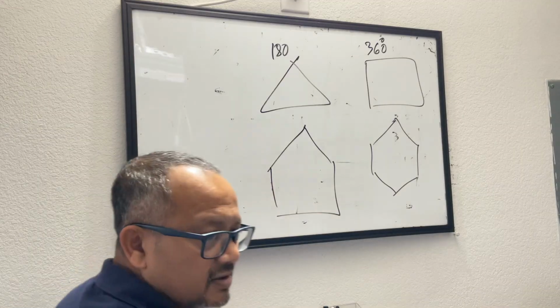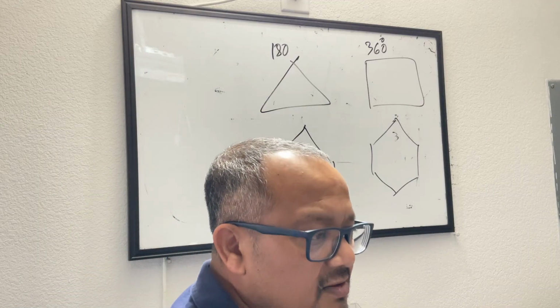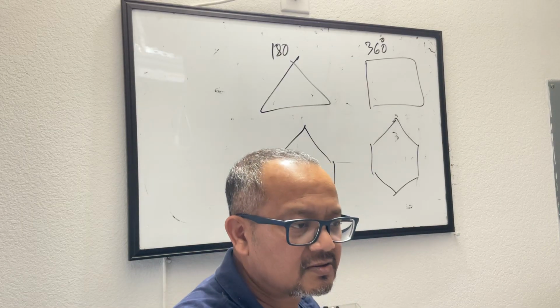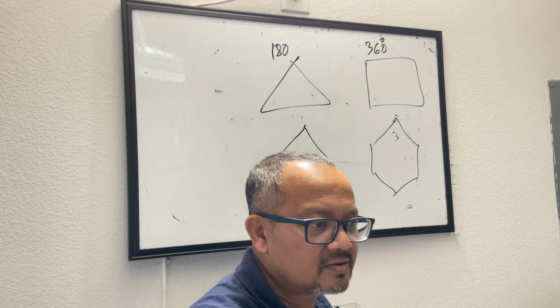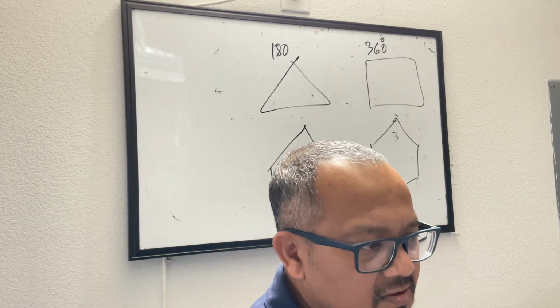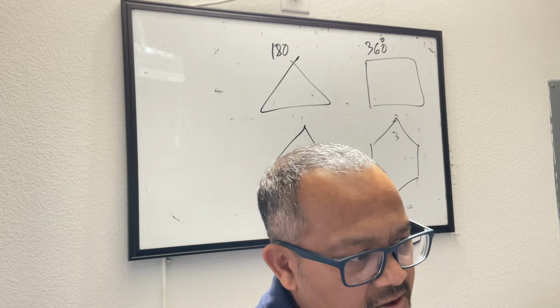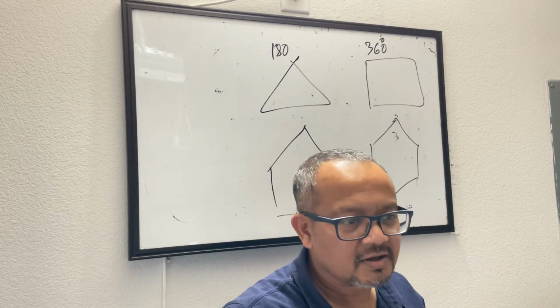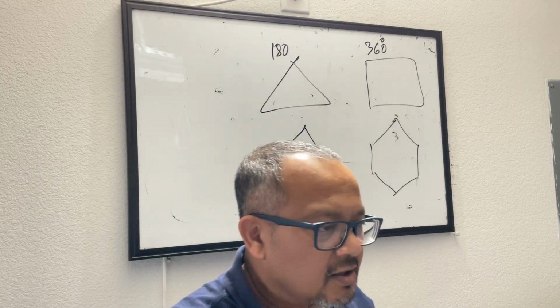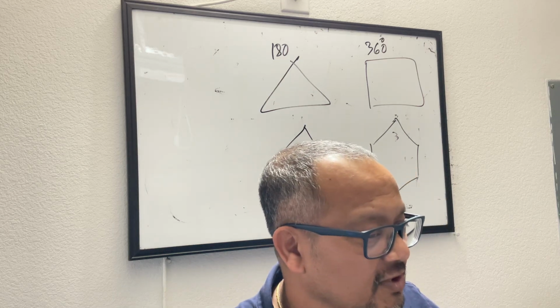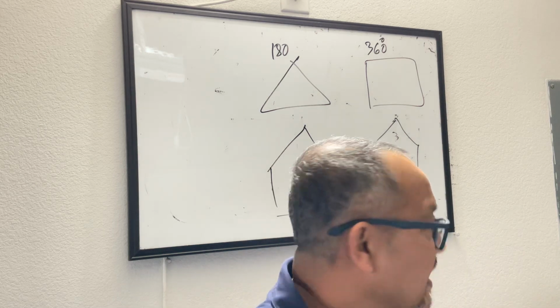If you want to know the sum of all the interior angles, you'd have to subtract 2 from the number of sides the shape has, and then you multiply that number by 180. Because the triangle has 3 sides, 3 minus 2. So you know it, Laksh, but you are missing one important thing here.